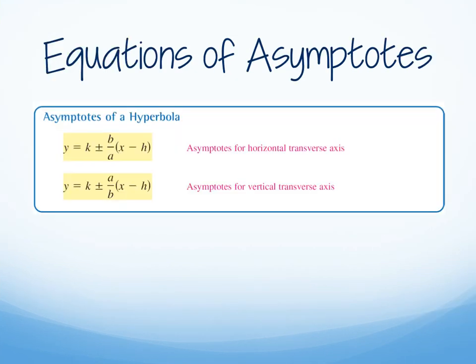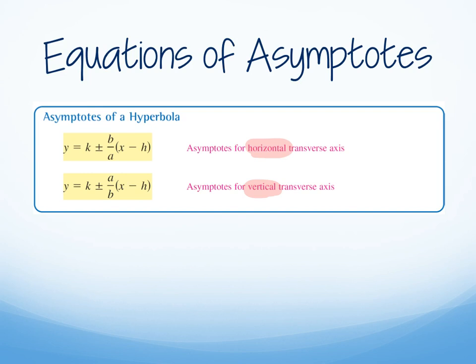The equations for the asymptotes are here. If it is a horizontal hyperbola, then it's y equals k plus and minus b over a times (x minus h). If it is vertical, then the only thing that changes is your b over a becomes a over b.